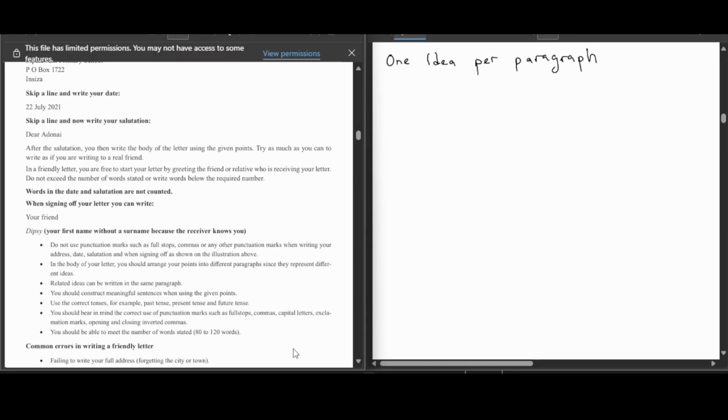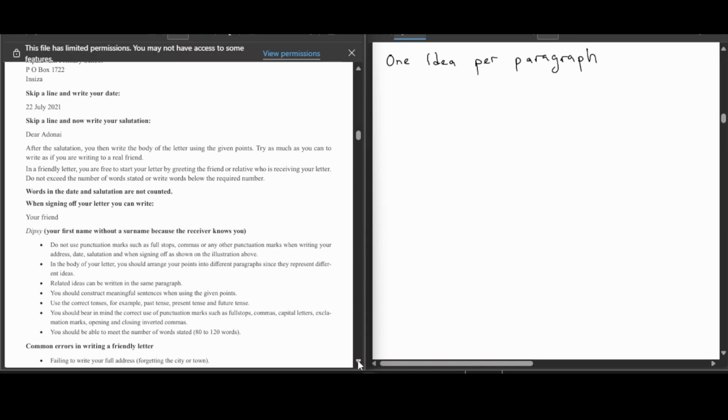Remember, we only count the words in your body. We don't count words from the address, date, salutation, or closing remarks. Only the body. So if it is short, it should be 80. If it is long, it should be 120. Otherwise, you should be in between.